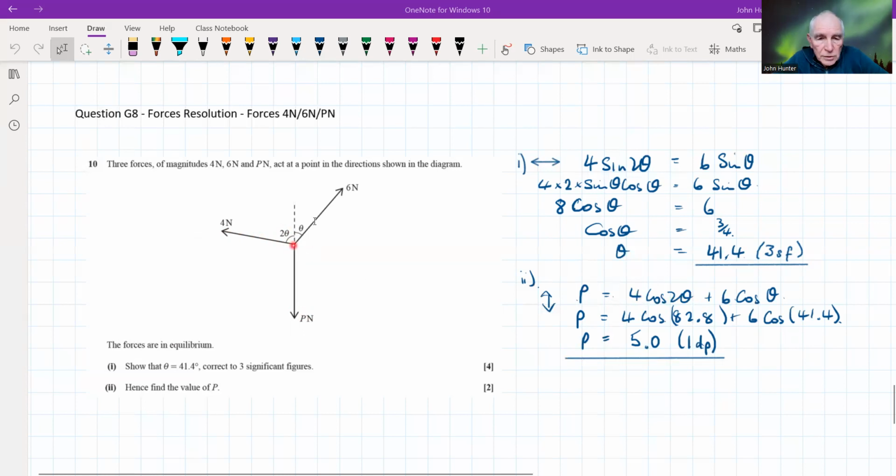And then we've got the 6 newtons acting at an angle of theta, so that would be 6 cos theta if we resolve that vertically. P is equal to the sum of those two forces resolved vertically. We know what theta is, so we can plug that into the equation, and that gives us a value of P equals 5 newtons, to 2 decimal places.